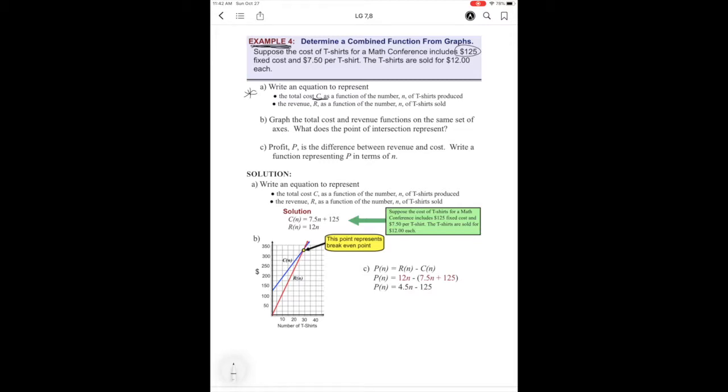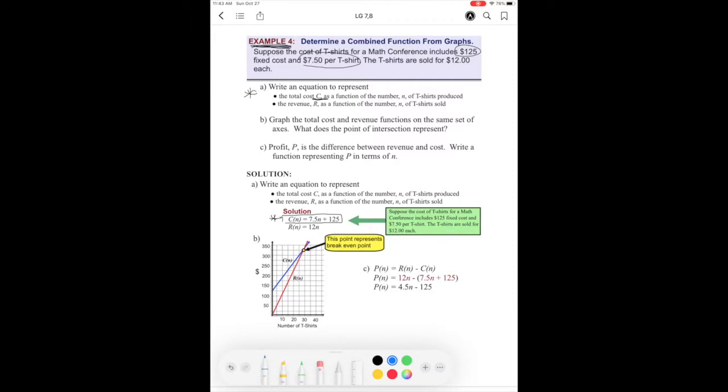And then you have another cost of $7.50 per t-shirt, because you have to buy the blank t-shirts to print your logo onto for the conference. So first thing is, we know the cost, and I'll circle this right here, the cost will be that.